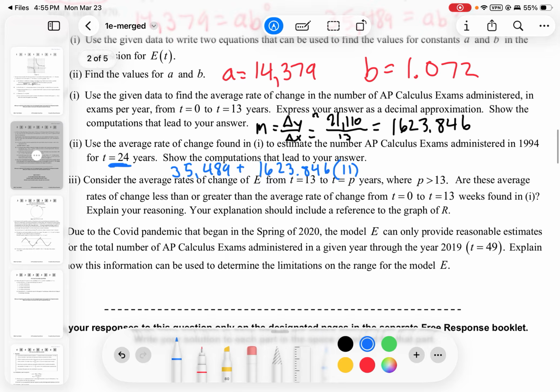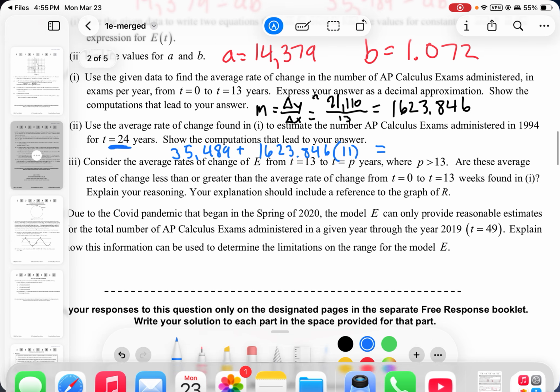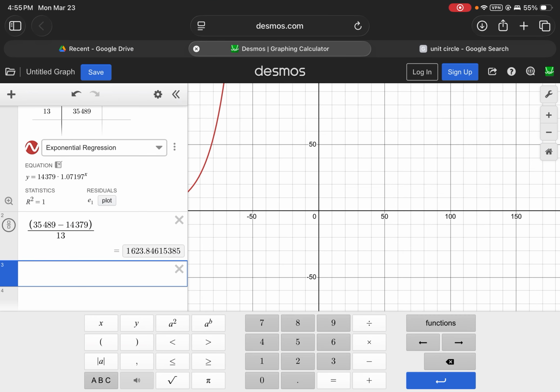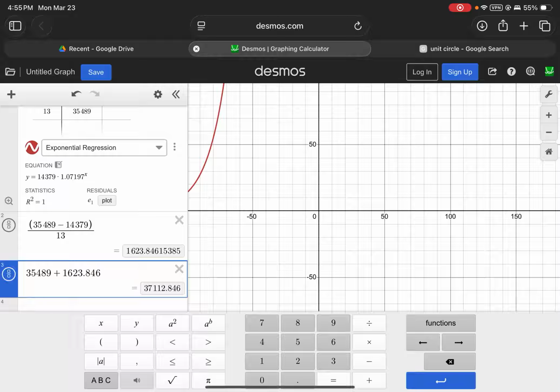Again, it says show the computations that lead to your answer. So I'm showing my work here. So now I can type this in. We have 35,489 plus 1623.846 times 11. And I get 53,351.